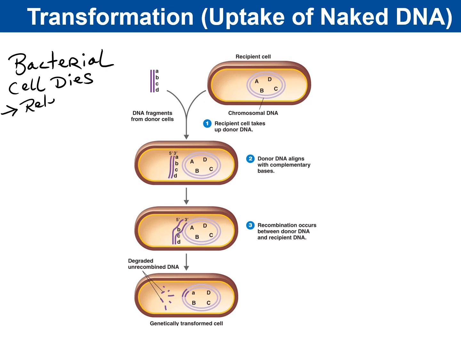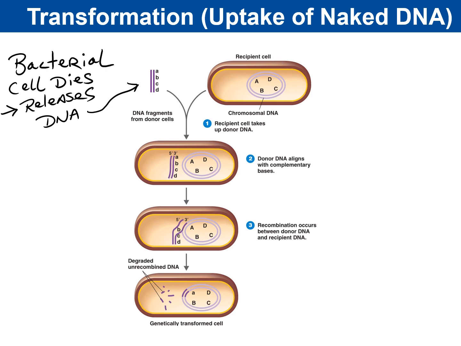When the cell breaks apart during lysis, some of that DNA will come out in little fragments, and then that DNA potentially could be useful to living cells that, if they can pick up that DNA and take it in, then the recipient cells, as they're referred to, can change how they behave.